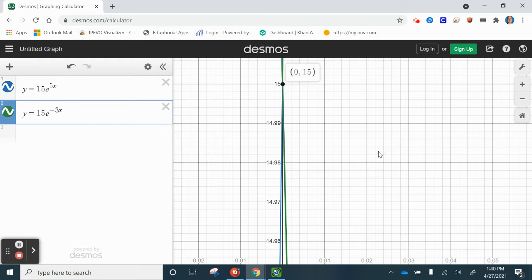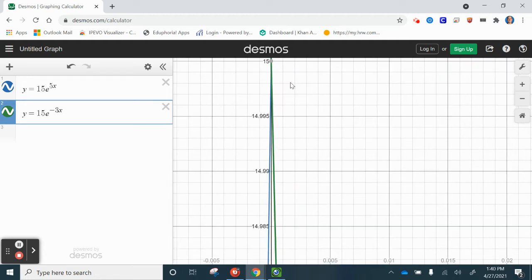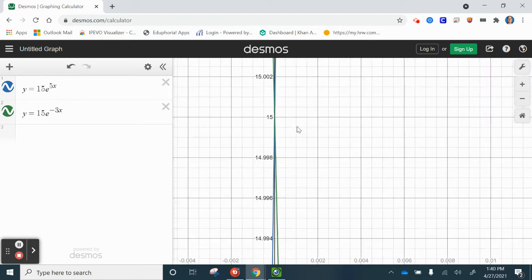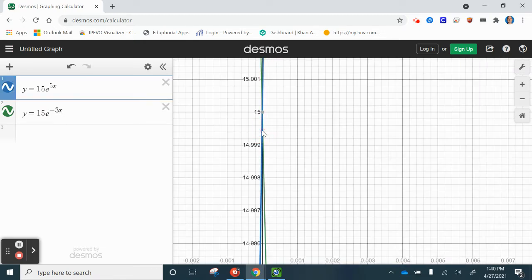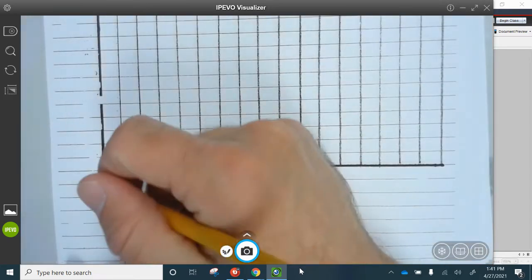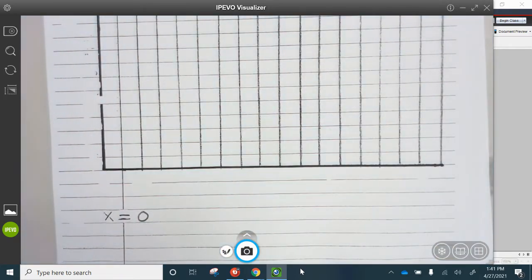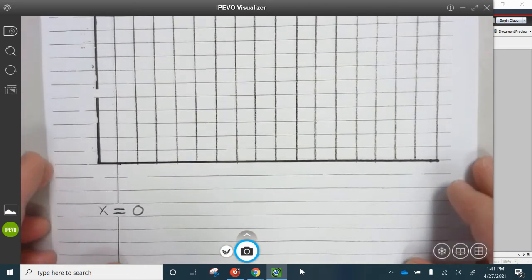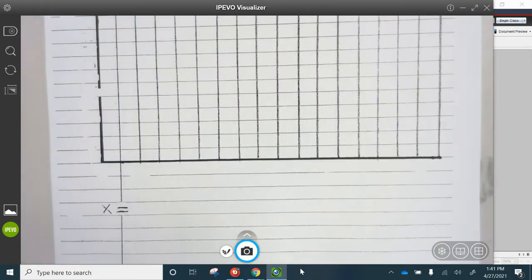In that case, it looks like the point of intersection is right there at 0, 15, so the x value is 0. We can zoom in really close, and yep, it looks like 0, 15, so the x value is 0. Now let's look at the next question.